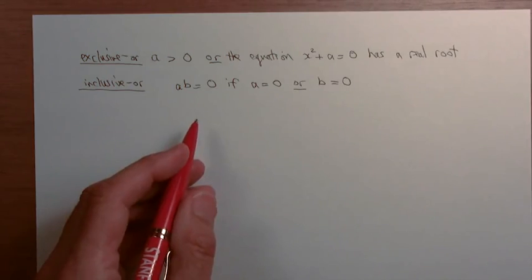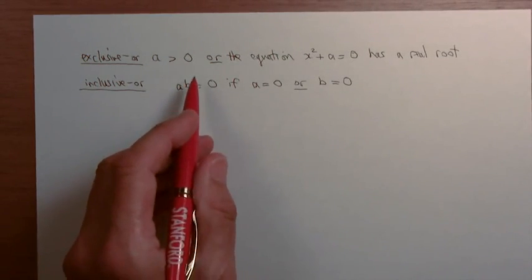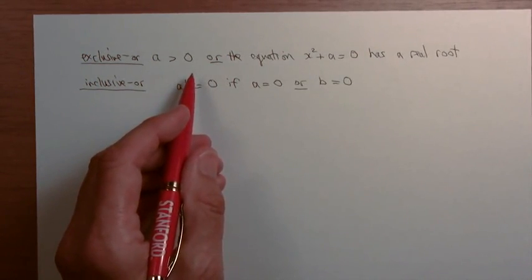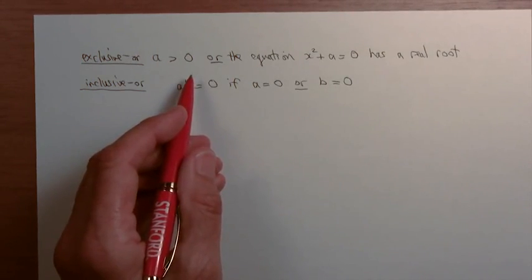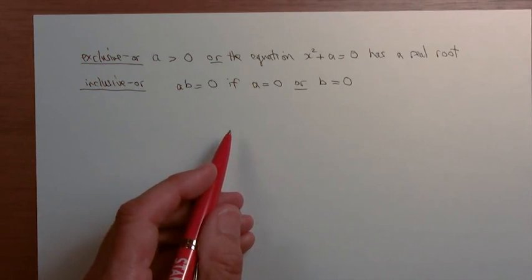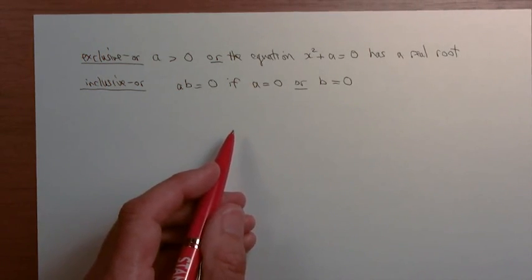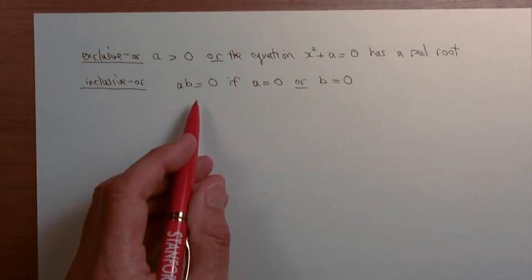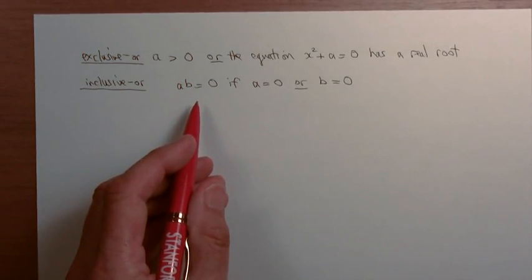Incidentally, it doesn't matter if you try to enforce the exclusivity by putting an either in front of it. If you look at the way the word either operates, if you say either this or that, then what happens is that the either simply reinforces an exclusive OR if one happens to be there. In the case of the second one, you could say AB equals 0 if either A equals 0 or B equals 0, and in fact that doesn't enforce the exclusivity at all.